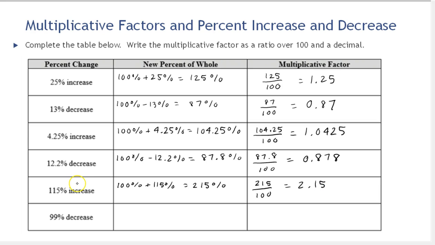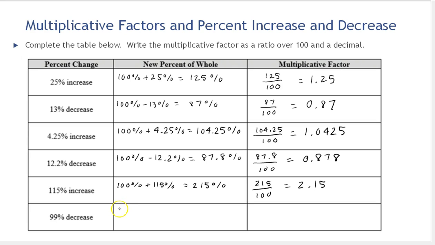So if there's an increase of 115%, the new amount is 2.15 times as large as the original amount. Okay, the 2 represents the original 100%, the additional 100% gives us the 2, and then the 15% additional increase is this 0.15.